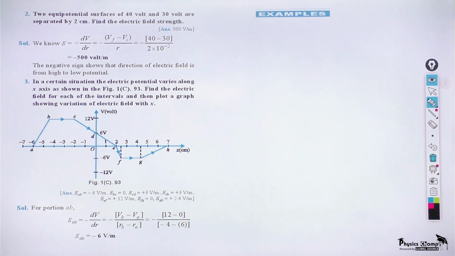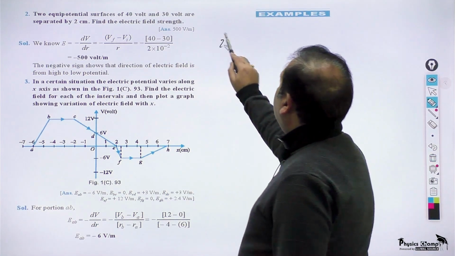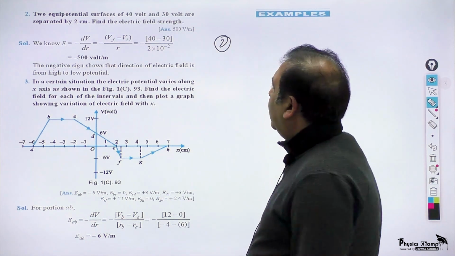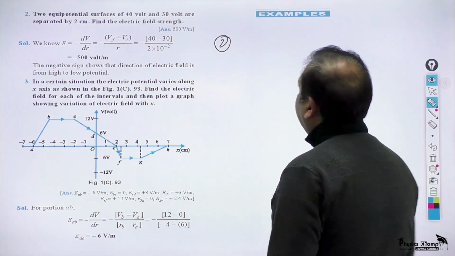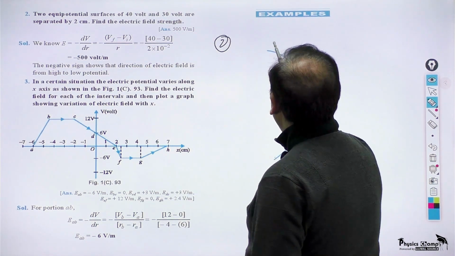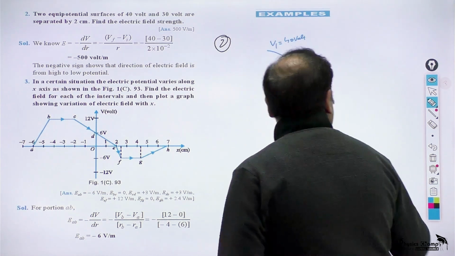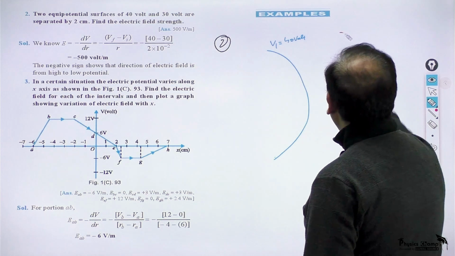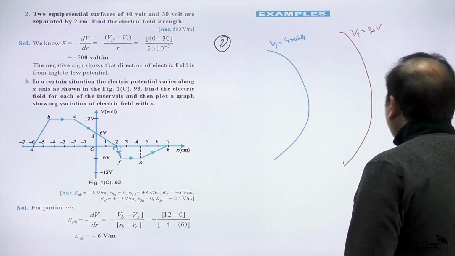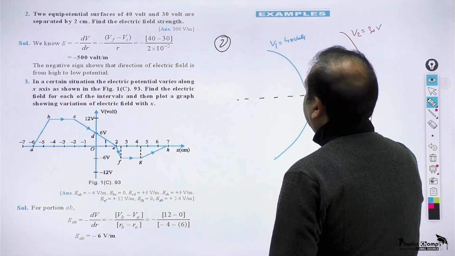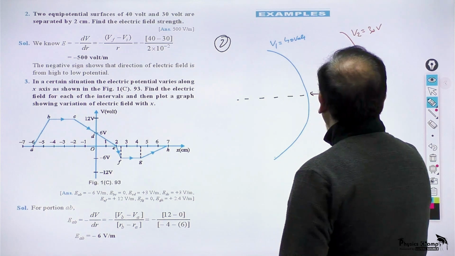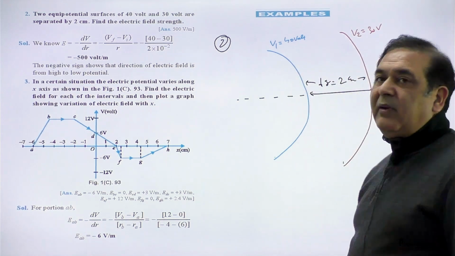Now in the same sequence we take question number 2, which is a direct question on the concept. Two equipotential surfaces: the first has a value of 40 volt and the other is 30 volt, and they are separated by dr of 2 centimeter. What is the electric field strength?